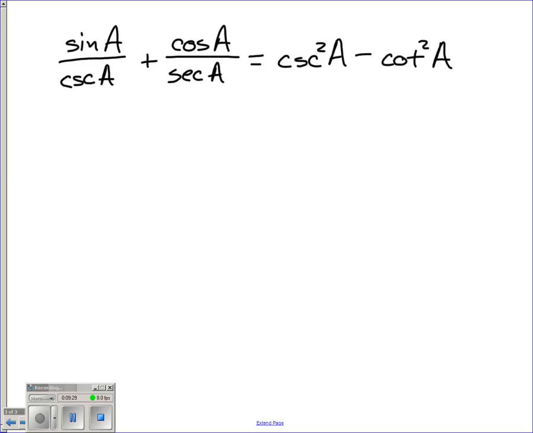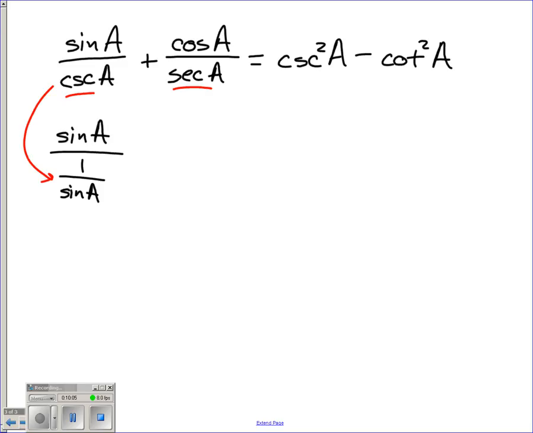All right. Well, in this case, I'm going to follow pretty much what the book does here. The cosecant and the secant here and here, I really don't like working with. So I'm going to put them back in terms of what they are with sine and cosine. Well, this is going to be sine over 1 over sine of A, because cosecant and sine are reciprocal functions of each other.